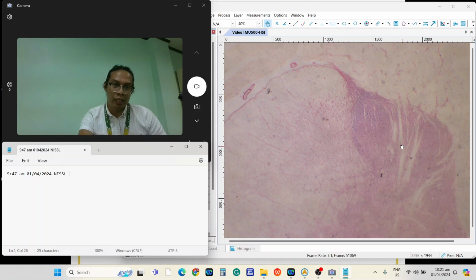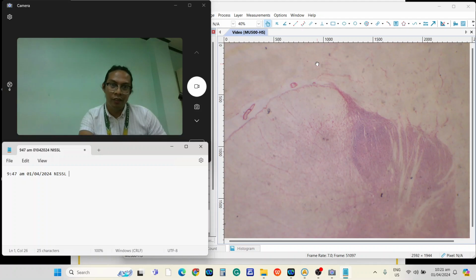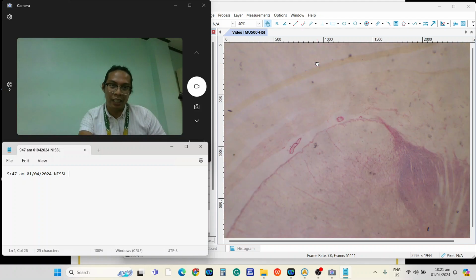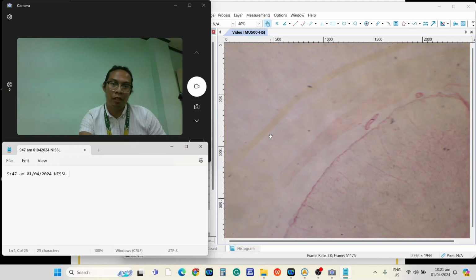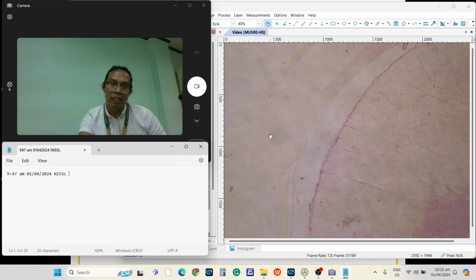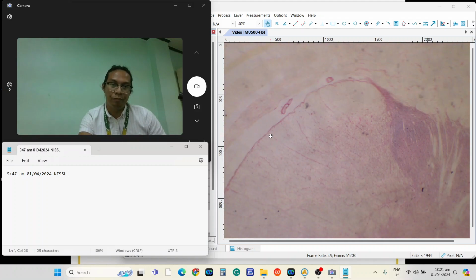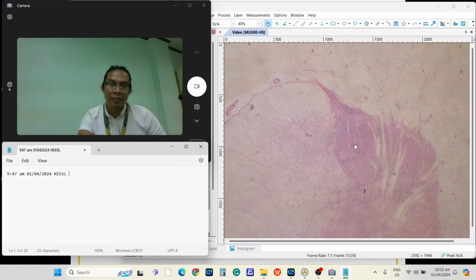Okay? So, tingnan muna natin tong dorsal horn. Yung dorsal horn, as we can see, gives off fibers palabas dyan. Actually, makikita nga natin yung fibers na yun. These are the nerve fibers exiting from this gray matter. Yan na yung nerve fiber palabas ng spinal cord. Okay?